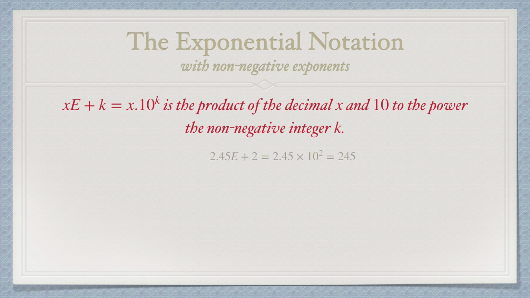For instance, 2.45e+2 is 2.45 multiplied by 10 to the power 2, that is 100, and it is 245. 2.45e+1 is 2.45 multiplied by 10 to the power 1, that is 10, and it is 24.5. 2.45e+3 is 2.45 multiplied by 10 to the power 3, that is 1000, and it is 2450. 2.45e+0 is 2.45 multiplied by 10 to the power 0, that is 2.45 itself.